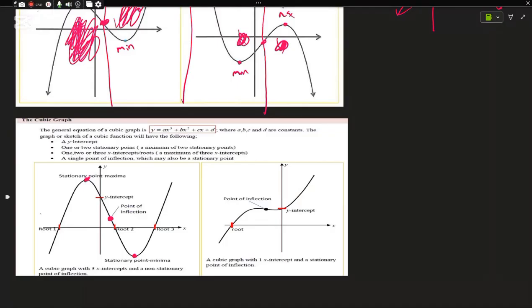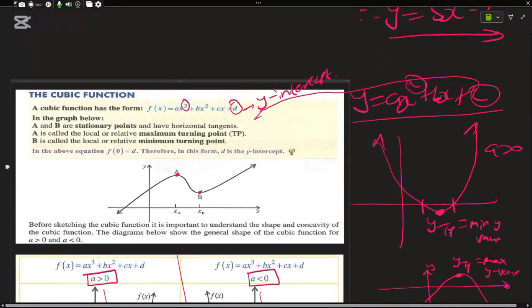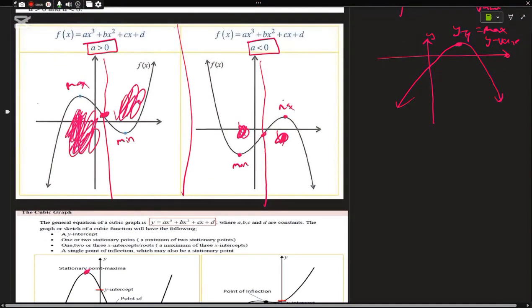Before I go deeper into this, I'm going to explain something on lesson 15, and then we'll take it from there. I was just explaining the cubic graph, how it's drawn, the shape and so on. Now let's go to the next lesson and explore more.